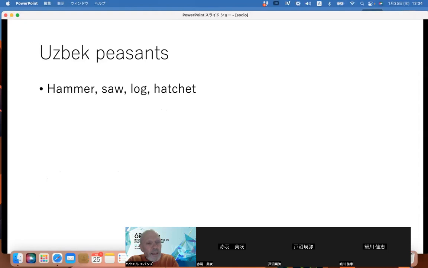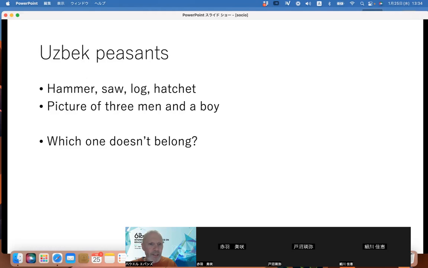You've got a hammer, a saw, a log, a hatchet. In a similar game, you've got a picture of 3 men and a boy, and you say which one doesn't belong. And the Uzbek peasants have never had any education.